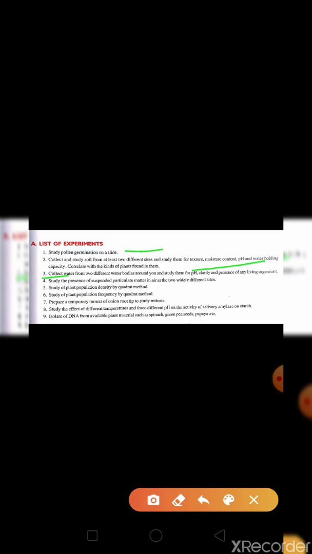Now after that, experiments 4, 5 and 6, children, are cut this time by CBSE, so we will not perform them in the laboratory and will not write them in our practical notebook.